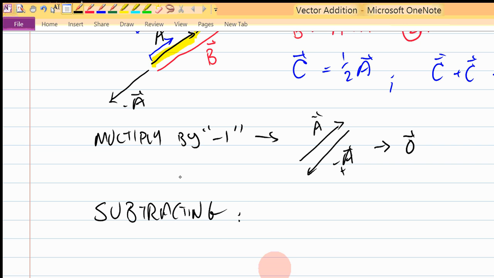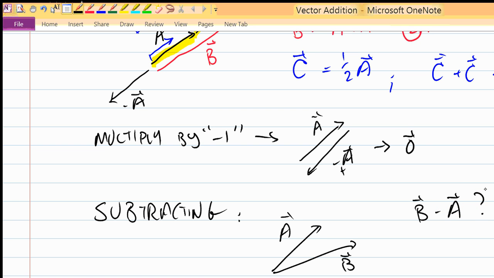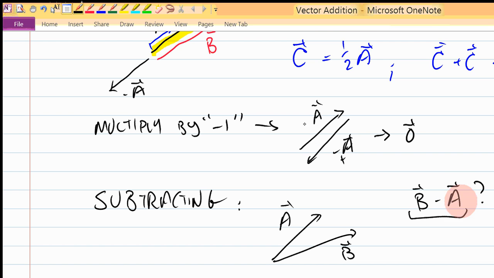So to subtract a vector, if I've got a vector A and a vector B, B minus A, well, I could handle this by doing a vector addition. I could add B plus a vector which is going in the opposite direction to A. So let's draw that.